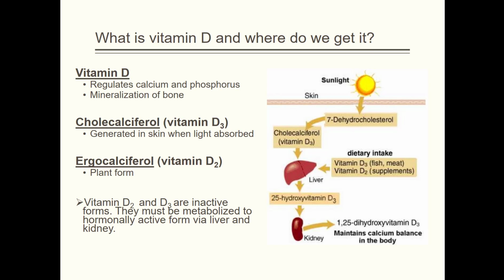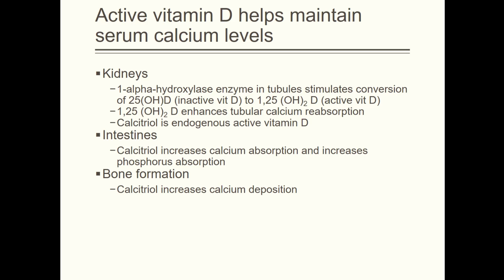It's more of a plant form. Vitamin D2 and vitamin D3 are inactive forms, so they must be converted to the active form via the liver and kidney. Active vitamin D, also known as calcitriol, helps maintain serum calcium levels by enhancing tubular calcium reabsorption.